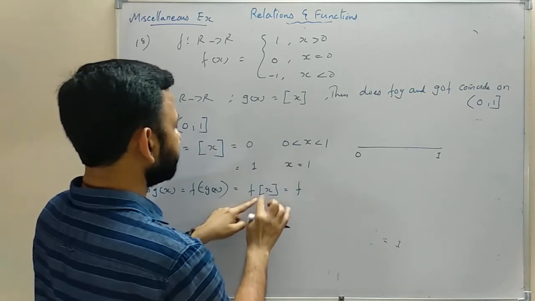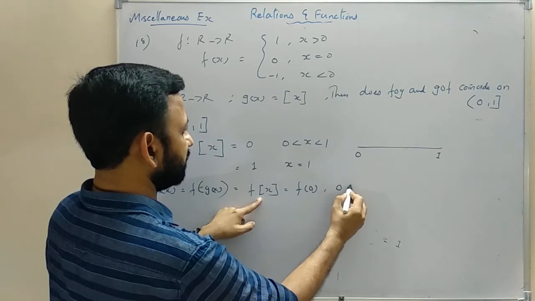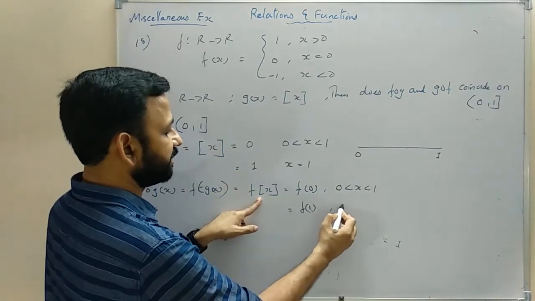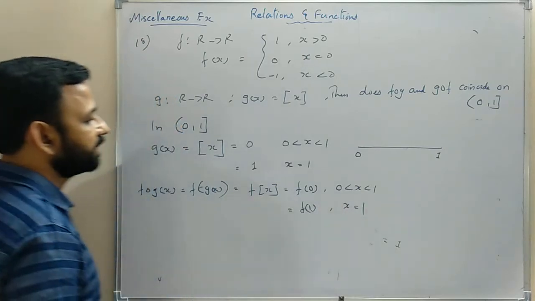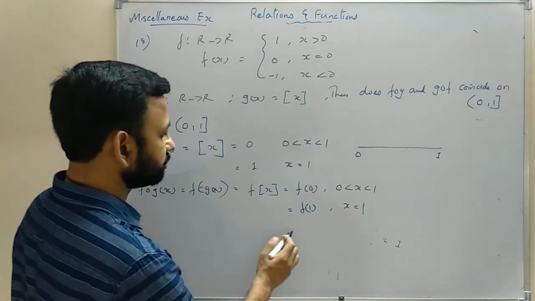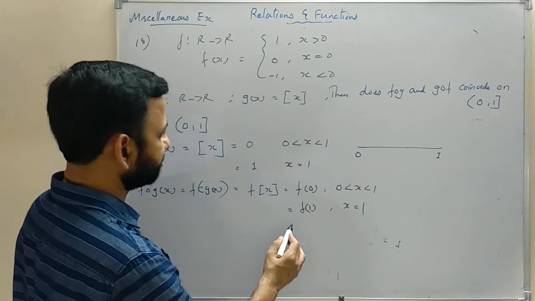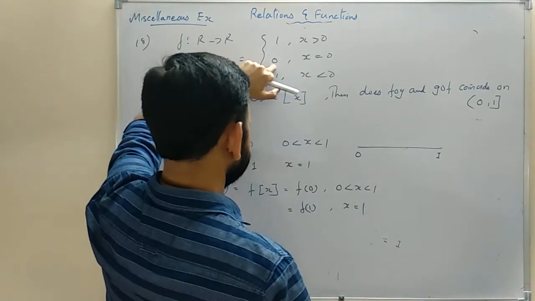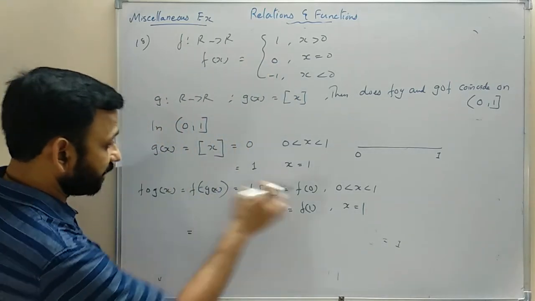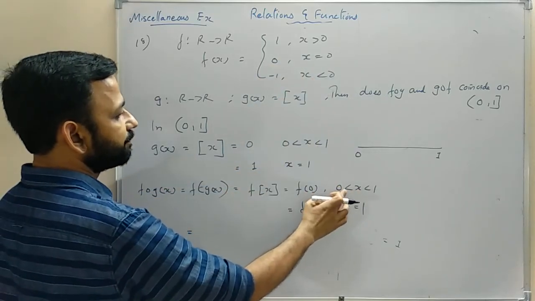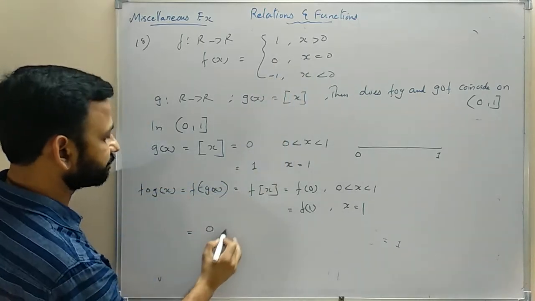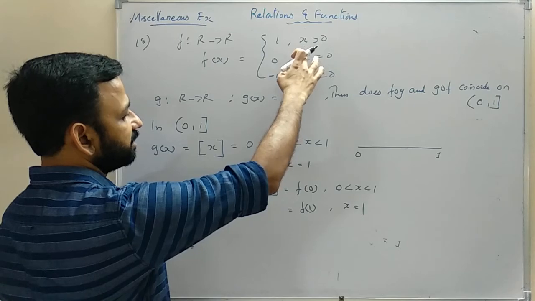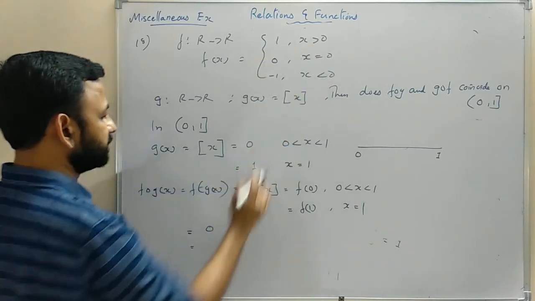So we can write that as f of the greatest integer function x: f of 0 when 0 is less than x less than 1, and f of 1 when x is equal to 1. Then directly we can write f of 0 equals 0, and f of 1 when x is greater than 0 is equal to 1.